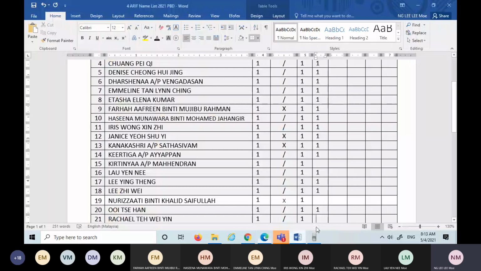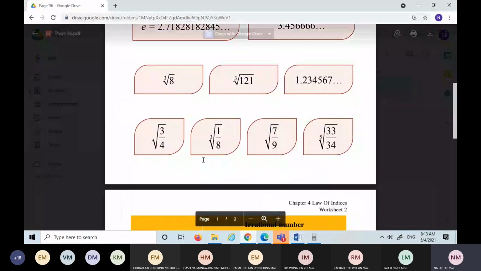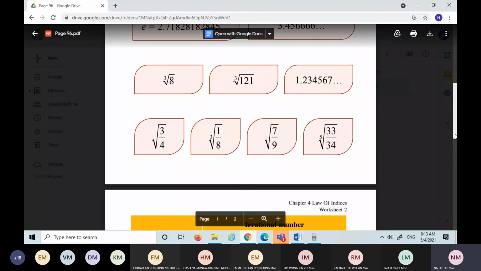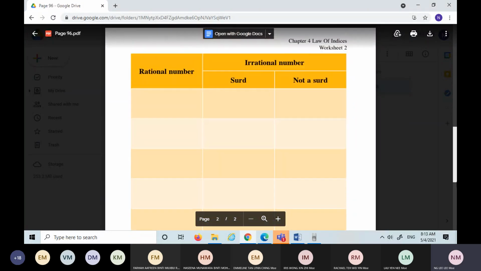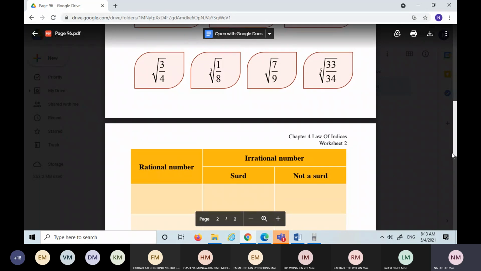So after Rachel, okay, Rashmi. Rashmi here? Okay, last row already.